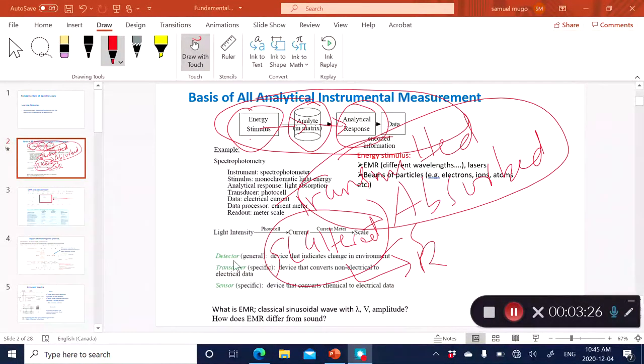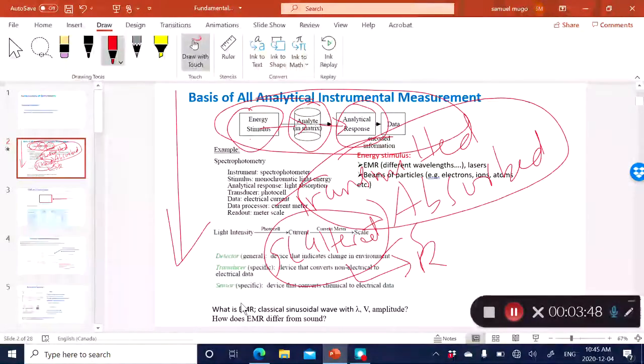And sometimes that's why we call detectors transducers, because they are converting a non-electrical quantity such as light into an electrical quantity. So essentially this slide covers just the basic premise of all analytical devices out there, be it spectroscopy, be it electrochemistry, be it mass spectrometry, and so forth.